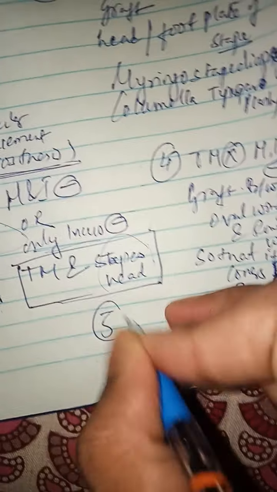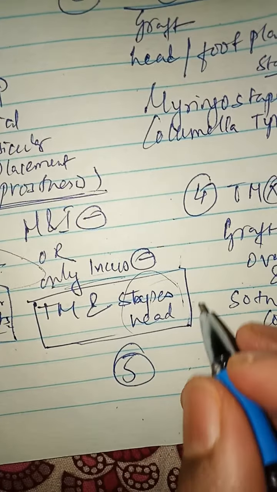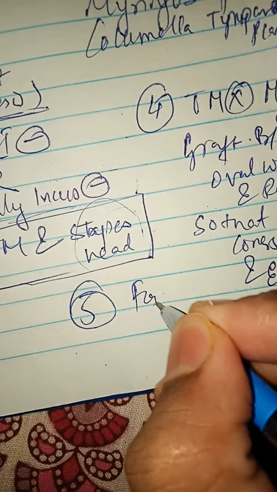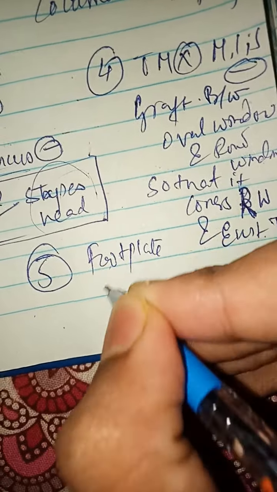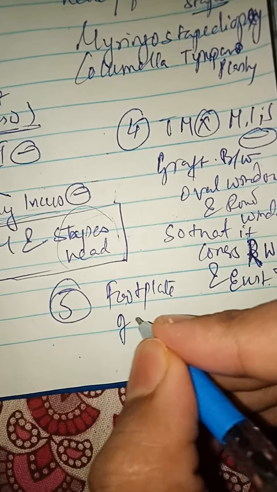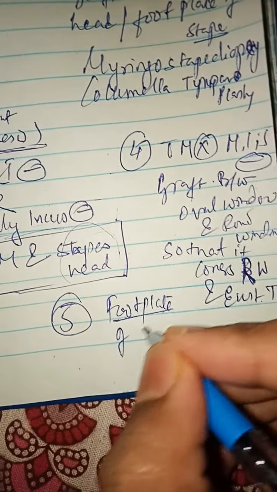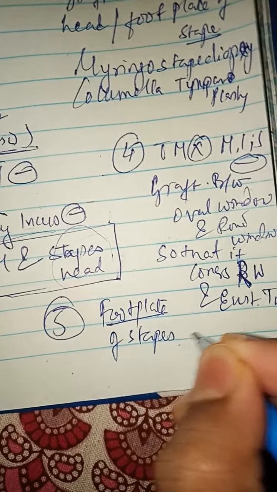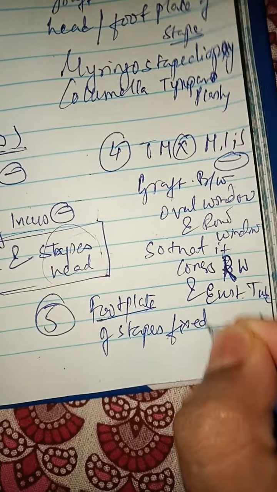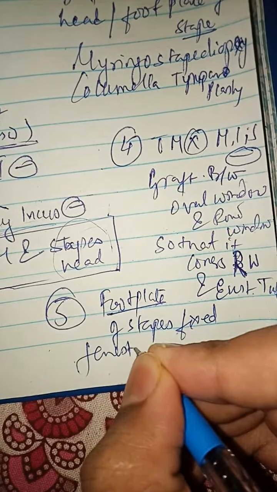And what is type 5? Type 5, there is a footplate of the stapes, tympanic membrane is perforated, that's okay. Footplate of stapes is also fixed. Now we have to do the fenestration operation.